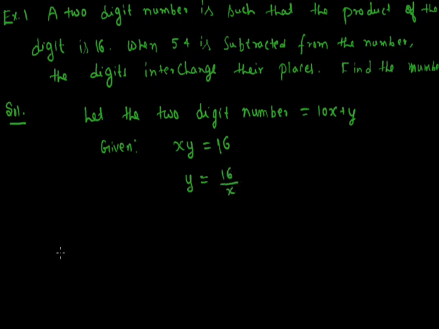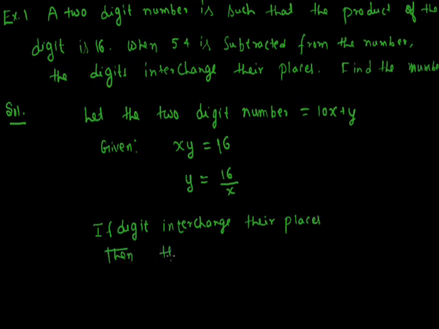Now from the other condition, it is given when 54 is subtracted from the number, the digits interchange their places. Now if the digits interchange their places, then the number is equal to 10y plus x.